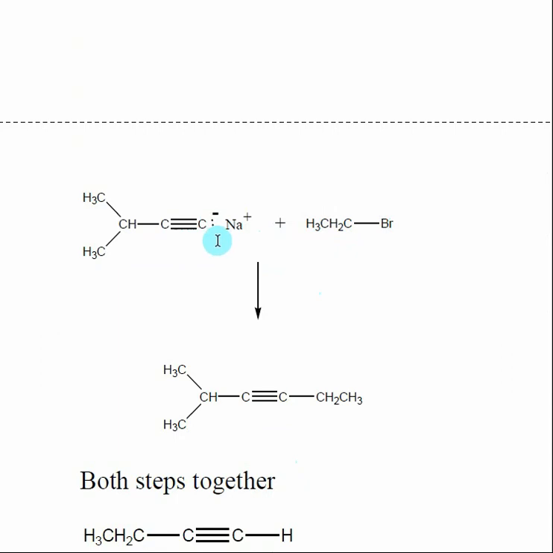Remember that I kick off my leaving group and I replace it with whatever alkyl group, this ethyl group here, comes off of the end of my terminal alkyne. So this ethyl group is attached to my alkyne. We lose the negative charge, we lose the leaving group.